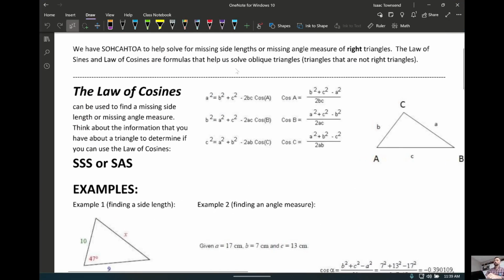Even though we will provide the formulas for you, we will ask you, when can you use the law of cosines? If you have all three sides, side, side, side, you could use one of these three formulas to solve for an angle measure.